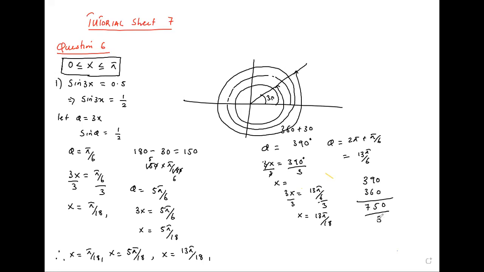We divide this by 3. Let's see if you get between 0 and 180. This will be 250. This is beyond the required coverage. So this one was okay, but this is beyond coverage.